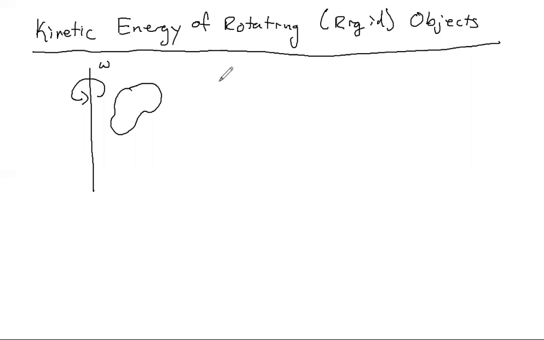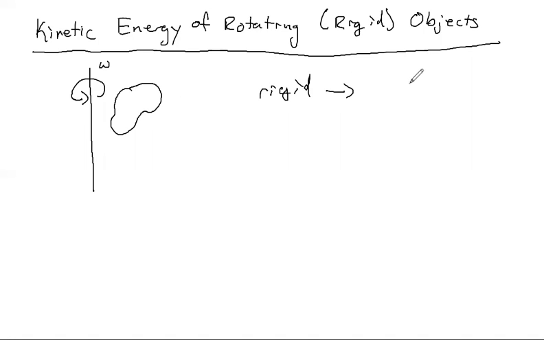All right, so let's unpack various assumptions we can make, or that we have made. Rigid, well, what that really implies is that every point moves together around this axis.